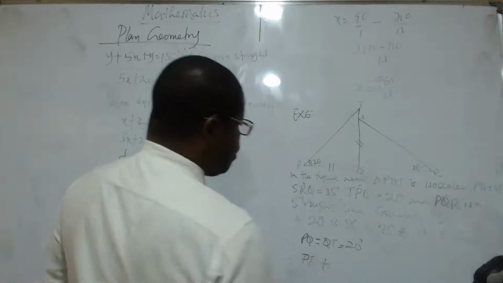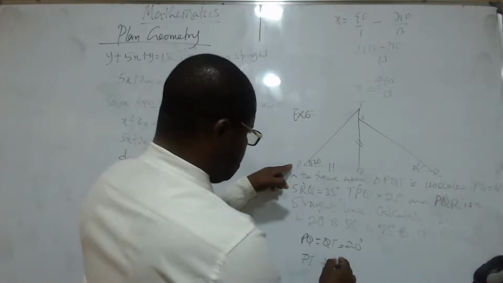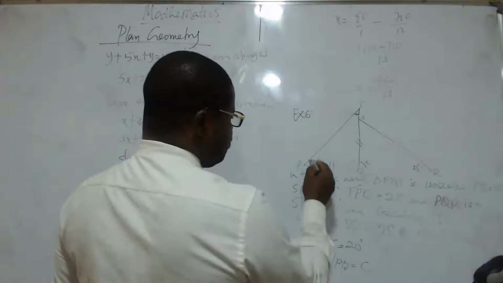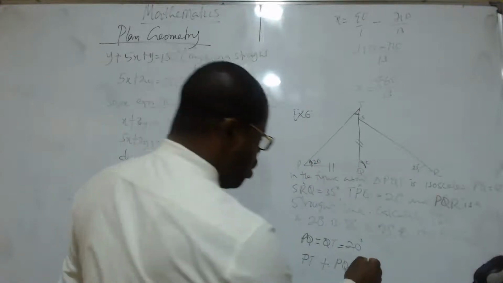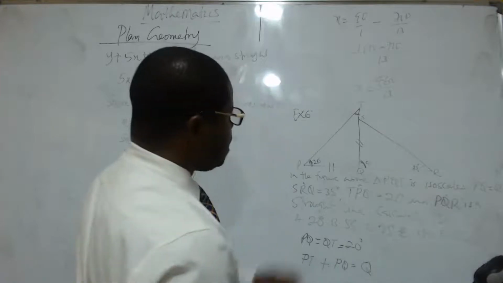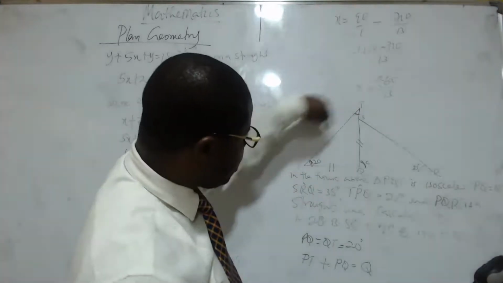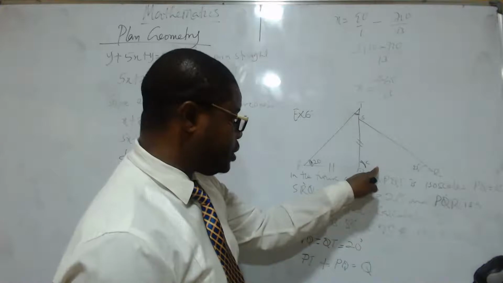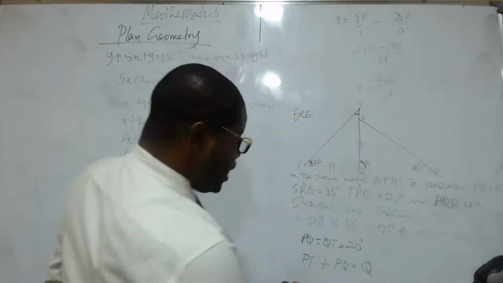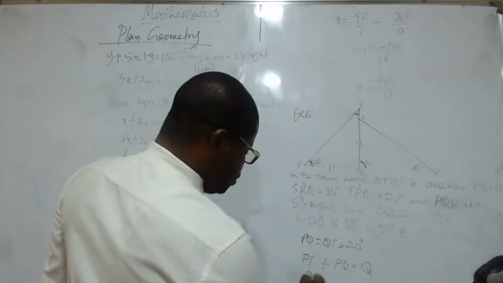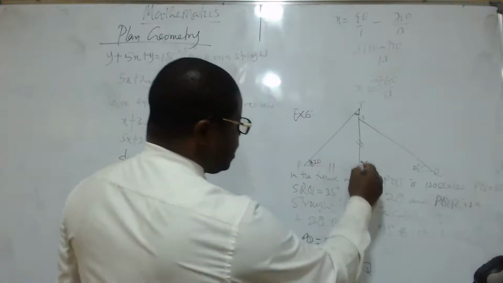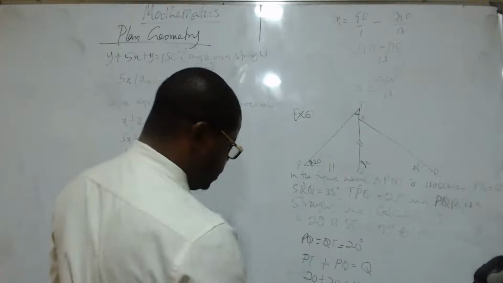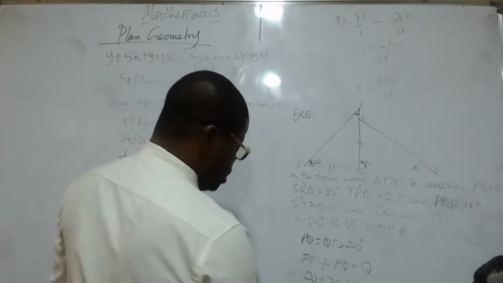PT plus PQ plus this angle here will give us this angle here. That is, the two interior angles are equal to the exterior angle. So that's 20 plus 20 will give us 40. That means this angle here will give us 40.